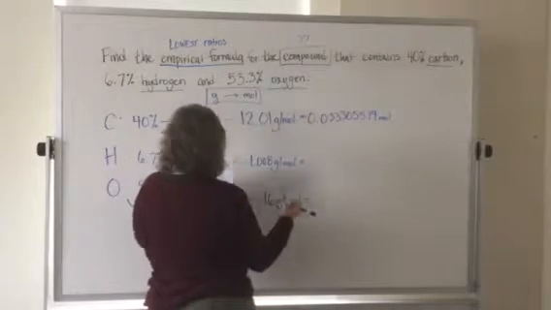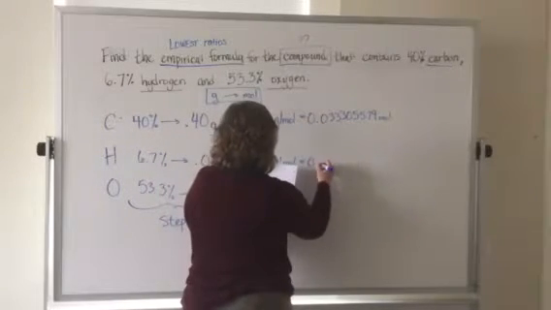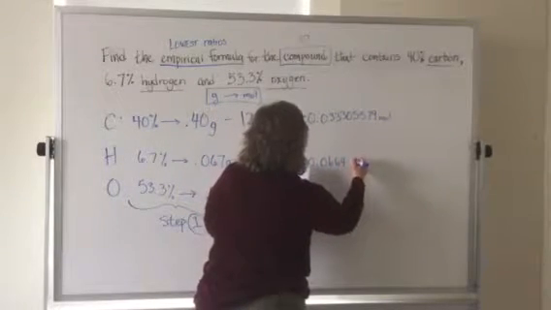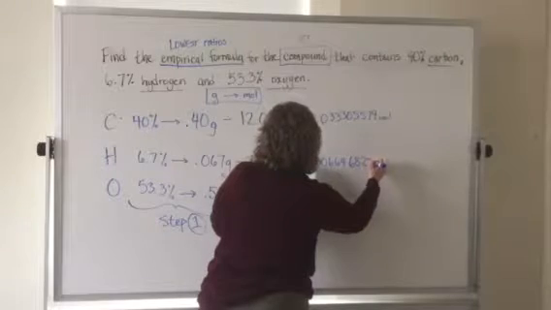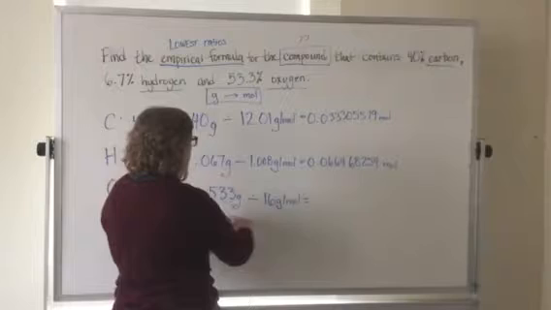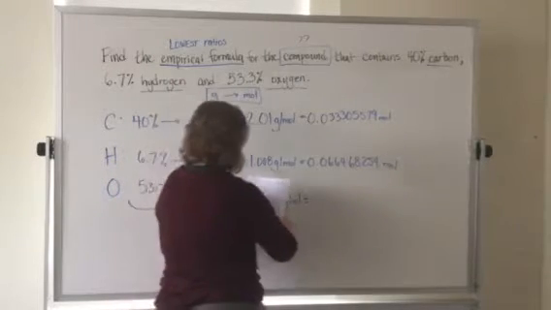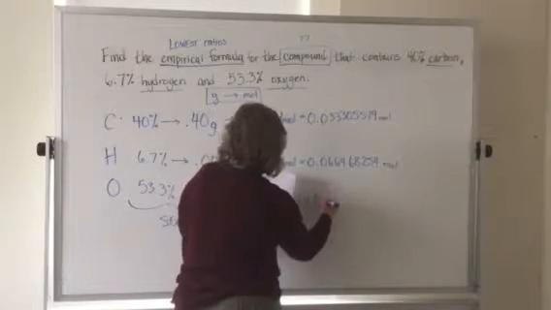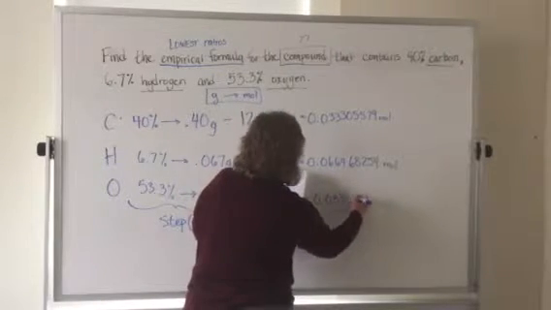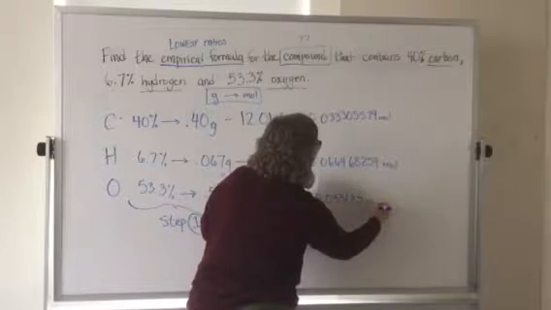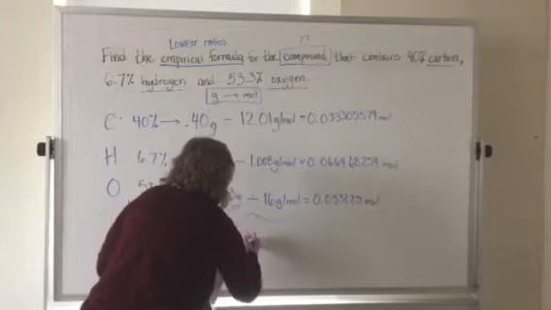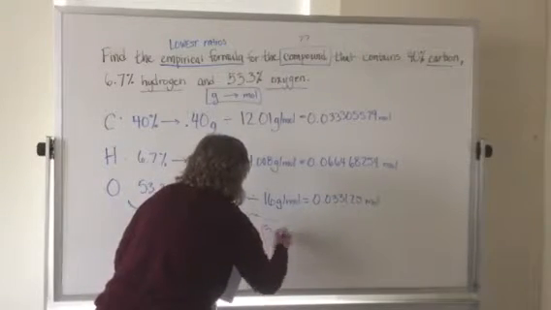Hydrogen is going to equal 0.0646824 moles. Oxygen, in this grams to moles conversion, is going to equal 0.0333125 moles. So that was step 2, convert to moles.